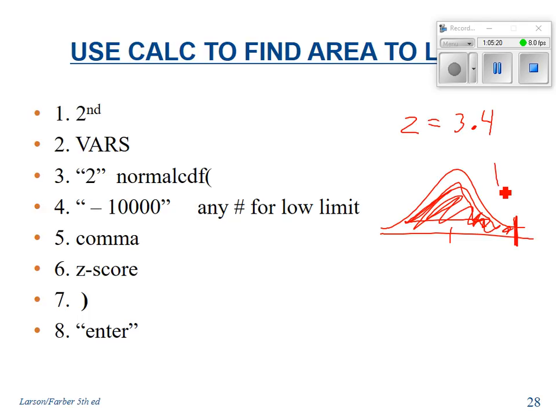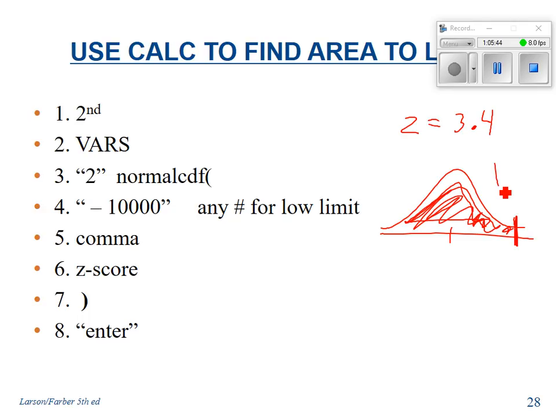Come here for a second. Mine's different. Yours is different? Mine is too. The new ones? Yeah. Second on top, this is a lower. Oh, okay, so just punch in the lower, then the upper limit.